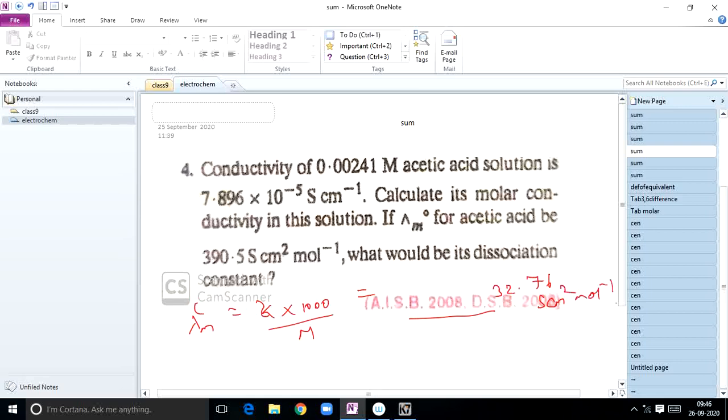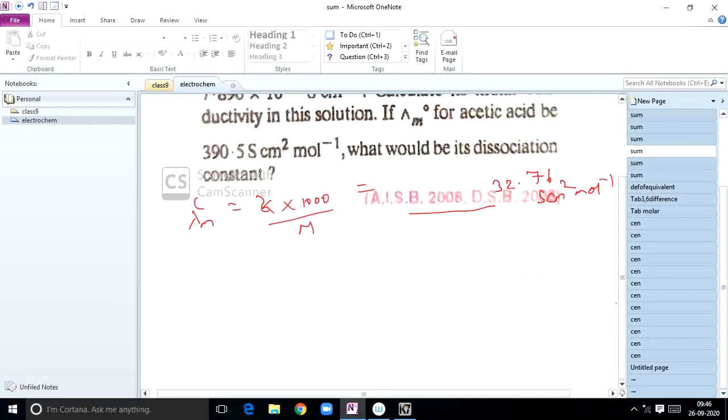Okay students, just substitute the kappa value directly. Next, after getting lambda mc, alpha: here lambda m infinity is given as 390.5. So alpha is equal to lambda mc by lambda m infinity.